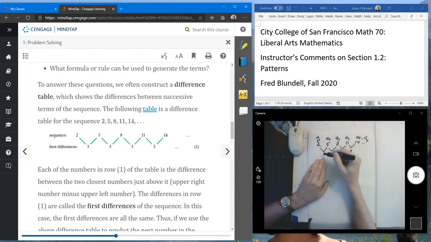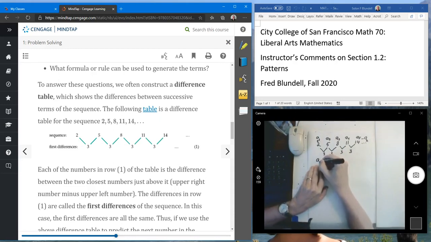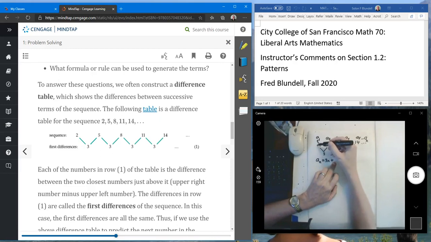Well, from the pattern we see you're just adding 3 every time. So the nth number is just a bunch of 3's plus some starting place. So I'm going to say 3 times n plus something. If n is 1, we're looking at A1, so n is 1. If n is 1, then we get 3 times 1 plus -1.